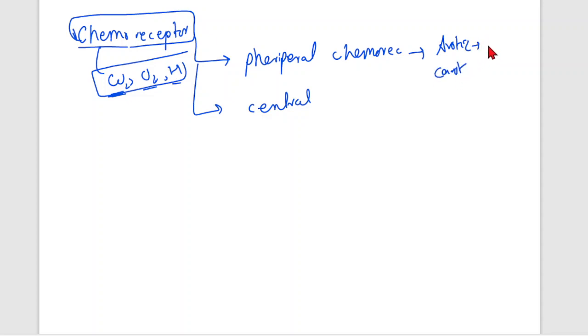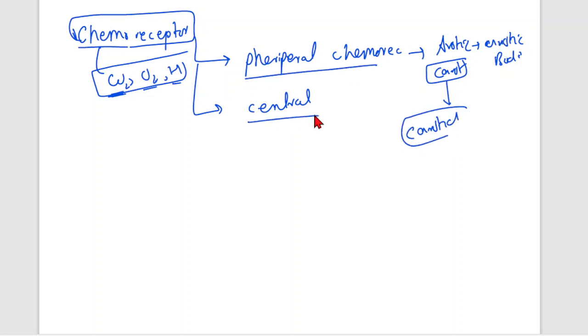In the aorta they are called aortic bodies, and in the carotid they are called carotid bodies. So you have to remember that there are two receptors: the peripheral and the central chemoreceptor. Peripheral chemoreceptors are present in the aorta, called aortic body, and carotid, called carotid body.